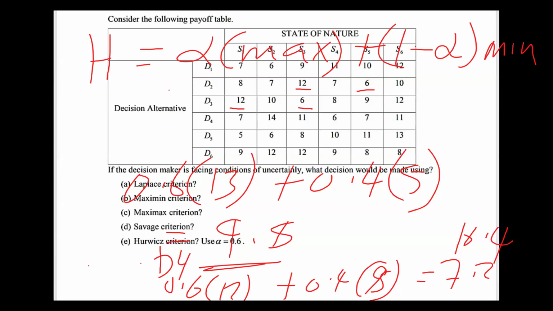Because it has got the highest score. So you just go like, therefore, you choose decision 4, D4, like this, because it has the highest score, the Hurwicz score equal to 10.8.